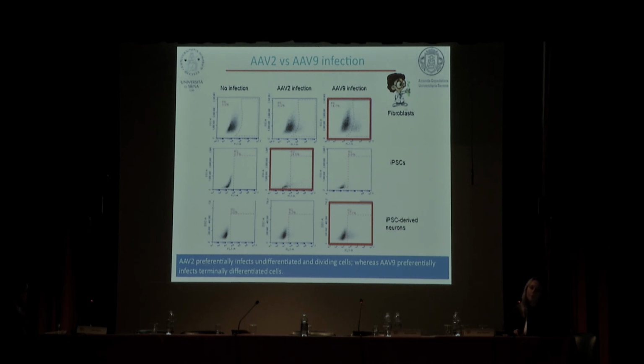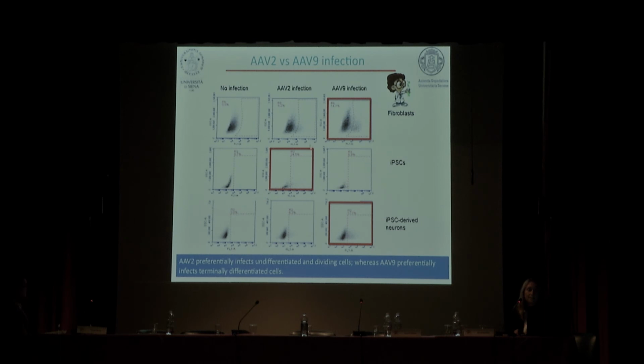So we performed these different infections in fibroblasts, induced pluripotent stem cells, and neurons. And as you can see, in the red dashed line, you can see the positive cells, with the relative percentage indicated.